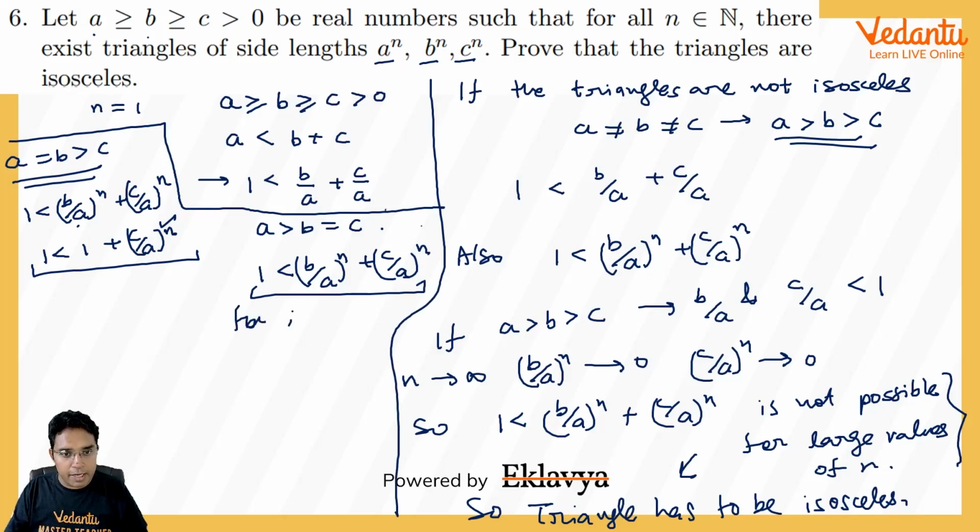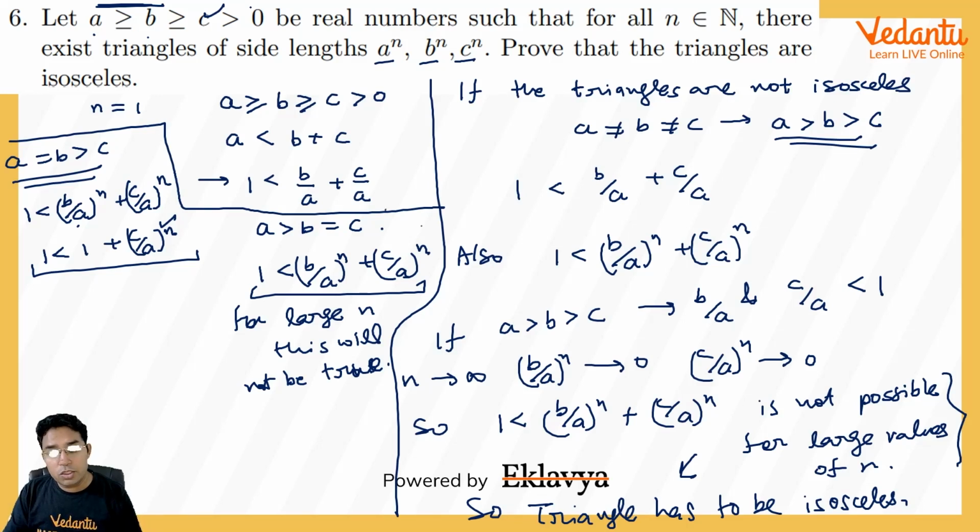So for large n, this will not be true. So not only will it be an isosceles triangle, the only possibility here is that the two large values A and B are equal and the smaller value is C.